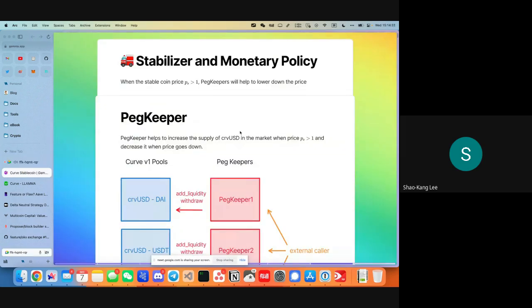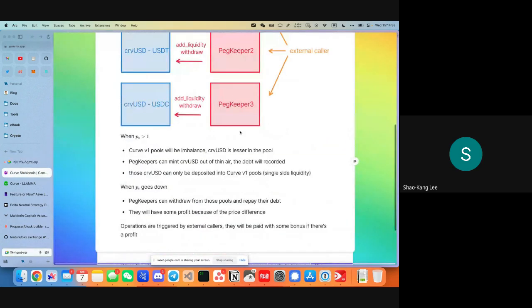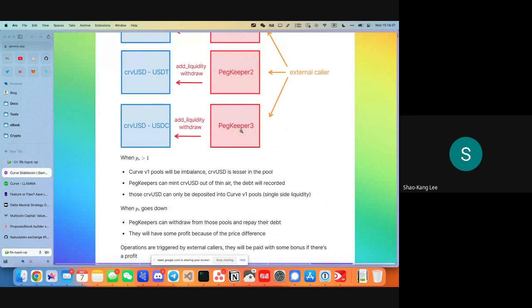Do you know, do they mention any way to prevent an external caller from sandwich attacking this transaction? Yeah, they have sandwich protection in their code, but I can't remember the details.